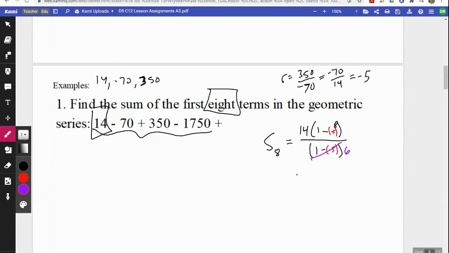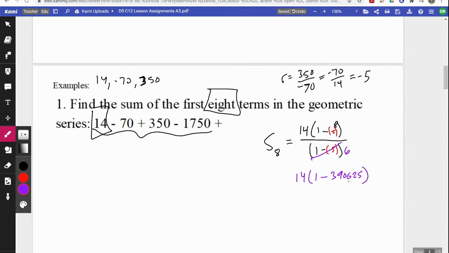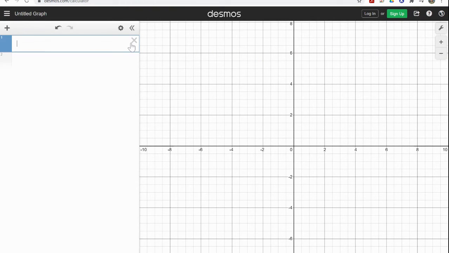390,625. So 14 times 1 minus 390,625. Okay. And on the bottom, we have 6. And then we could put all of this into a calculator at this point. Just 1 minus that is going to be a negative number, 14 divided by 6. 14 times 1 minus negative 5 to the 8th, now divided by 6.